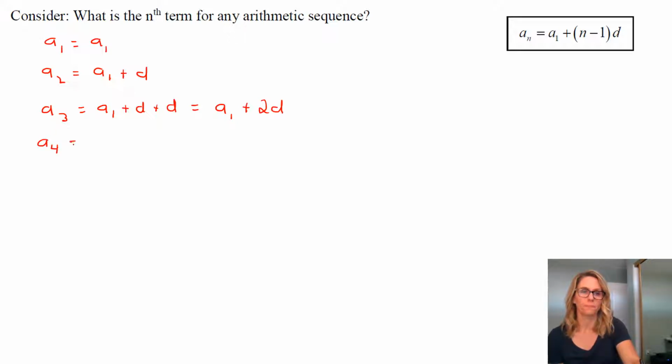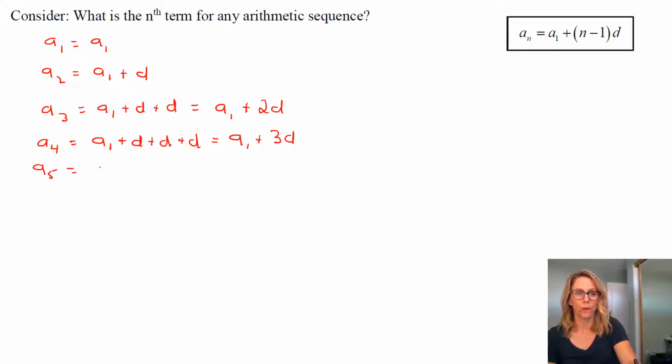A sub 4 is a sub 1 plus the difference plus another difference, or a sub 1 plus 3d. You might be picking up on what's going on. So a sub 4 is a sub 1 plus 3d, plus another d is a sub 1 plus 4d. Hopefully you're seeing a pattern here.